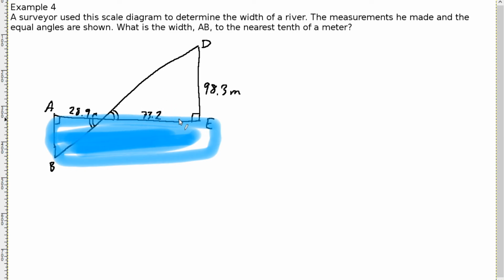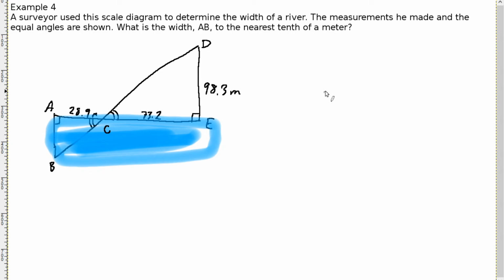So we need to set up our proportions, and we need to actually set up which triangle is which. Oh, this should be C as well. That little point right there is C. So this is the kind of example I showed where one of our triangles is flipped around.